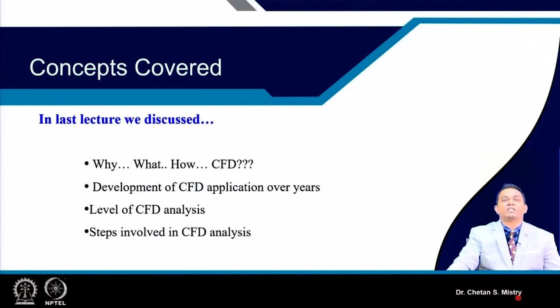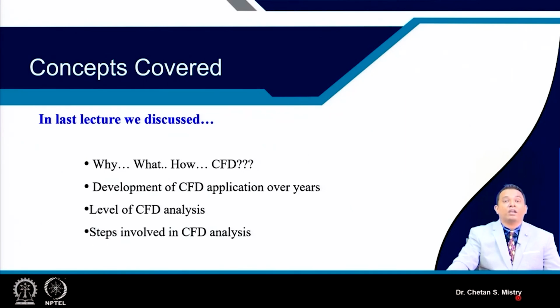Then we started discussing the steps involved in CFD analysis. Initially we make the flow domain. Then that flow domain we need to divide into small volumes in order to solve the problem numerically. For that we need boundary conditions.